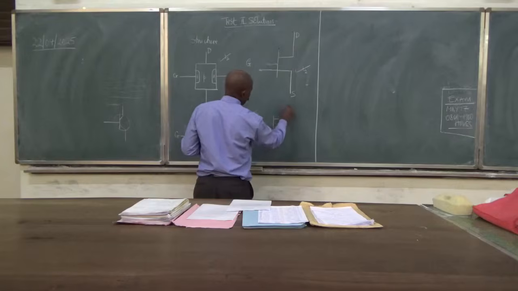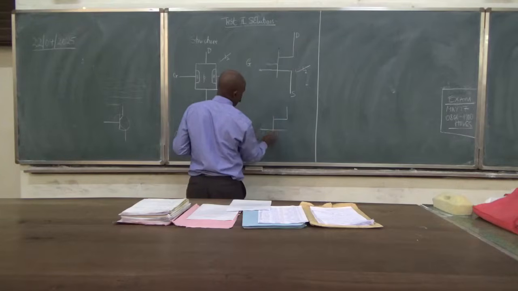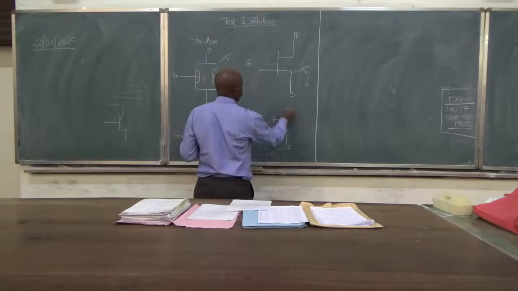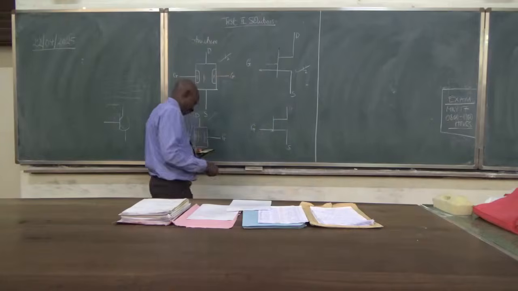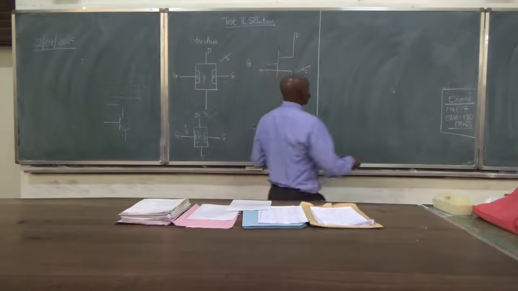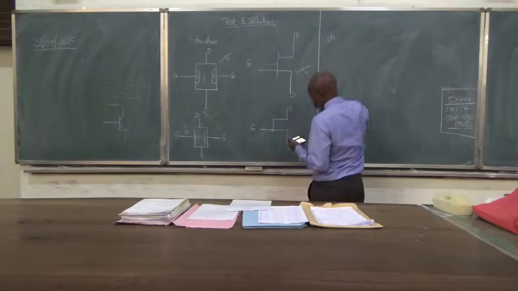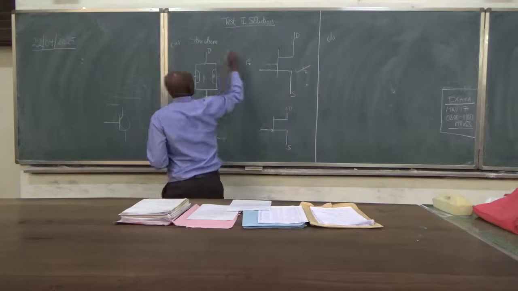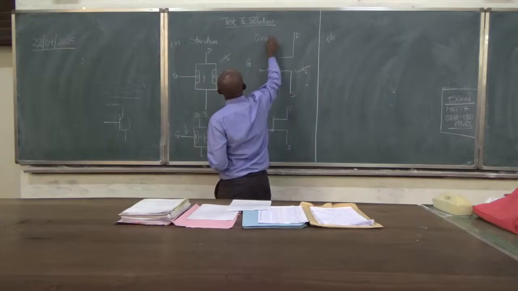So then this one goes in at the gate, source, drain. So since this was F, this is the circuit symbol.